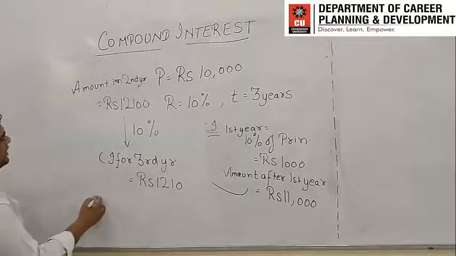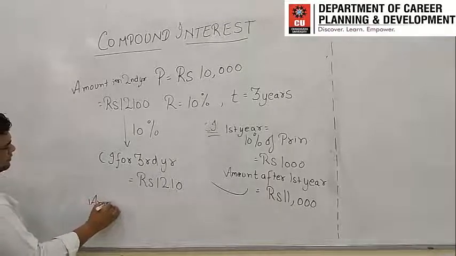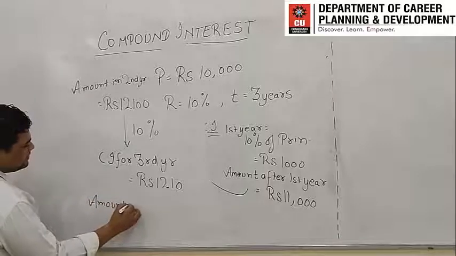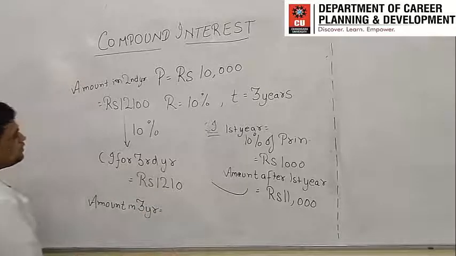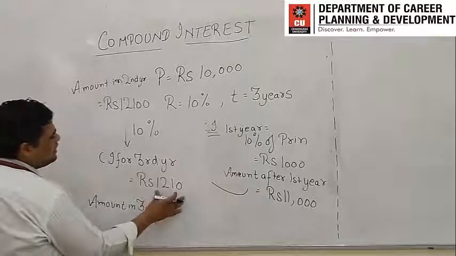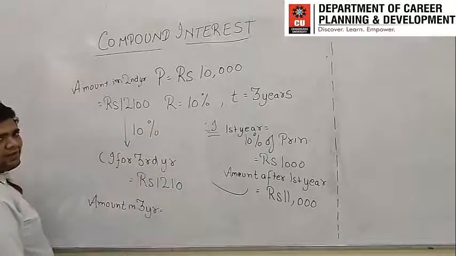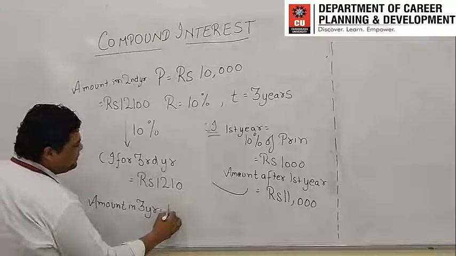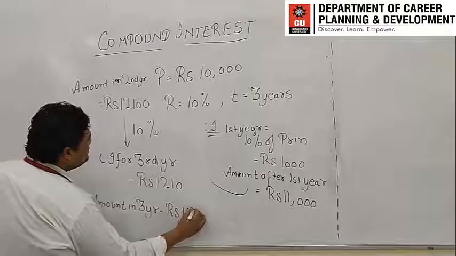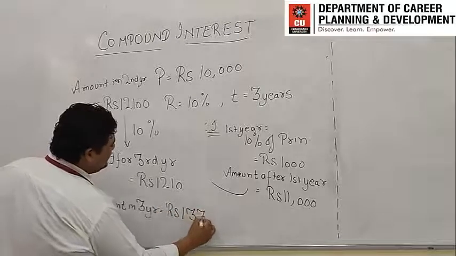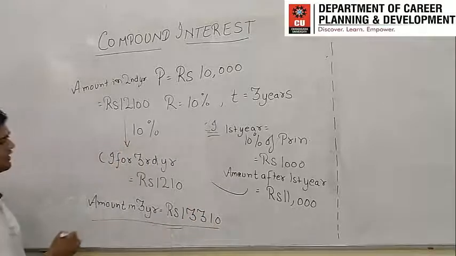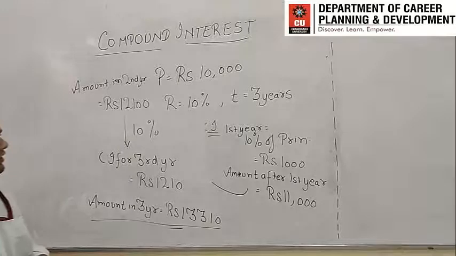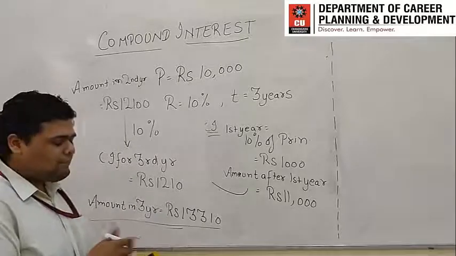So the final amount in 3 years will be rupees 1210 plus 12,100. It will be rupees 13,310. So this is the simple concept of CI.